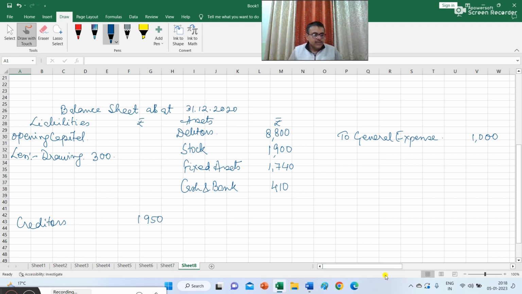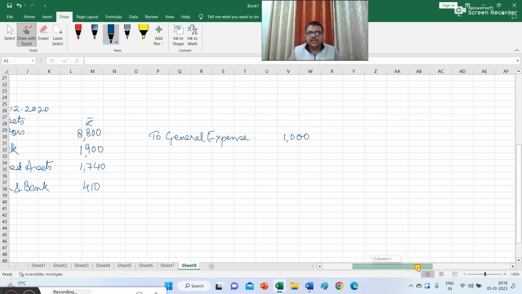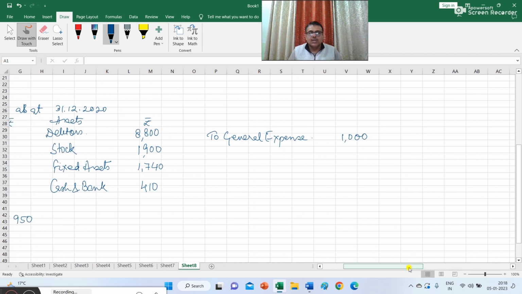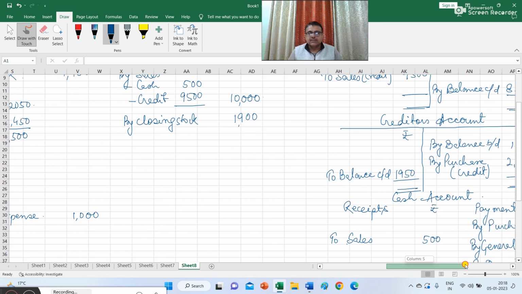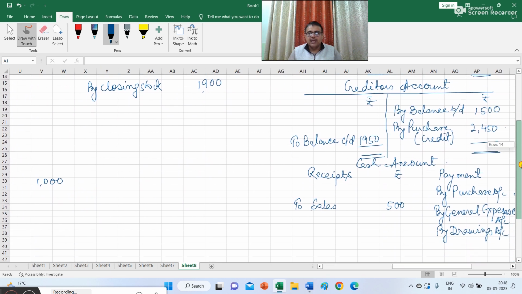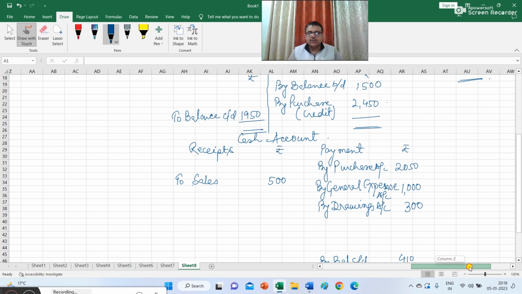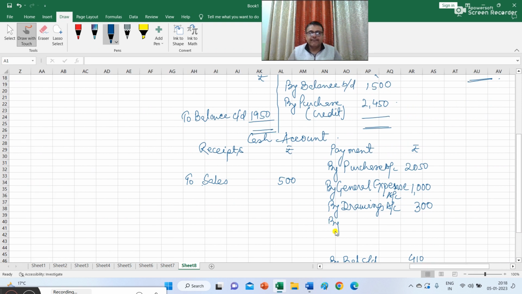Next is the payment for fixed assets. So in cash account, I have to record fixed asset account debit to cash. So there was a purchase made of fixed asset, so I have to record as by fixed asset.